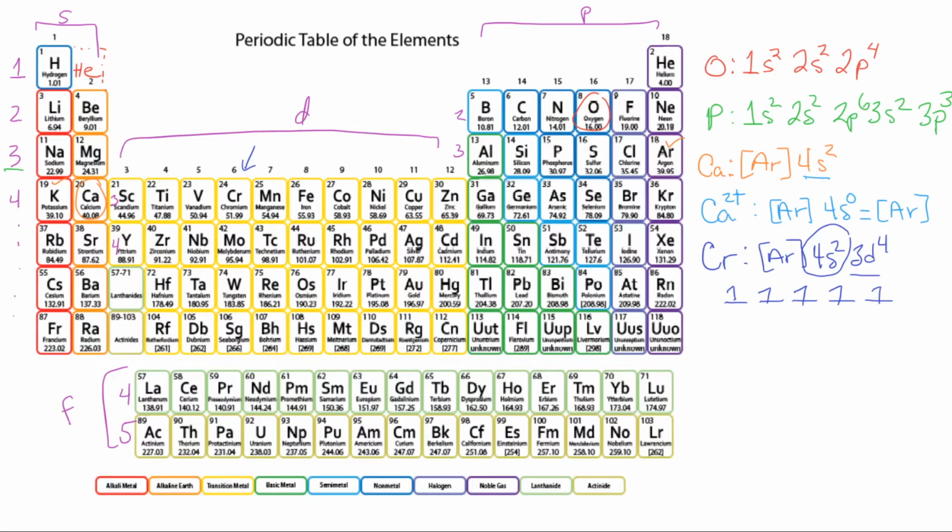Okay, so the way chromium actually exists, so it actually doesn't exist like that. Chromium actually wants to be argon 4s1 3d5. Because it wants to promote one to be a half filled, this is half filled d orbital block. Okay, half filled. So that's the chromium column essentially.